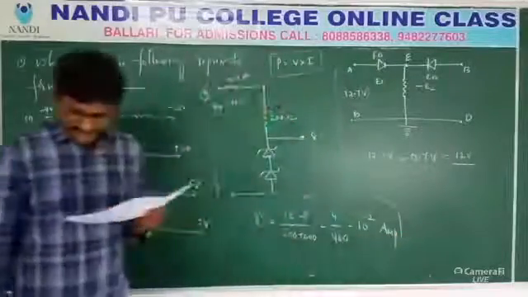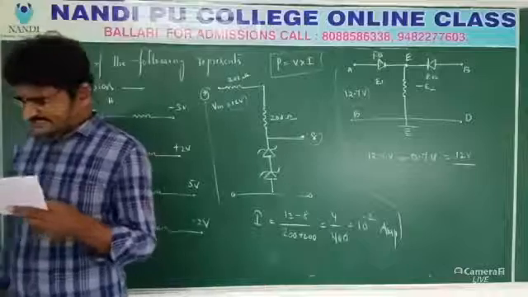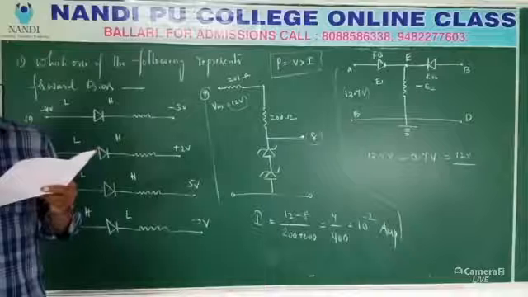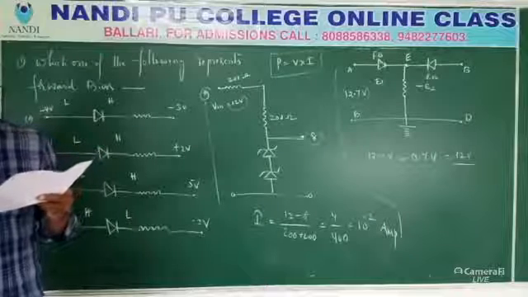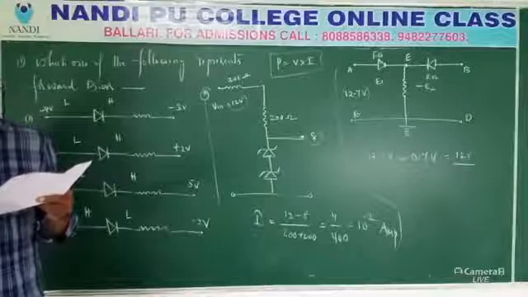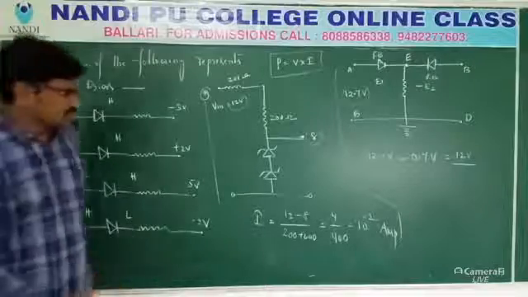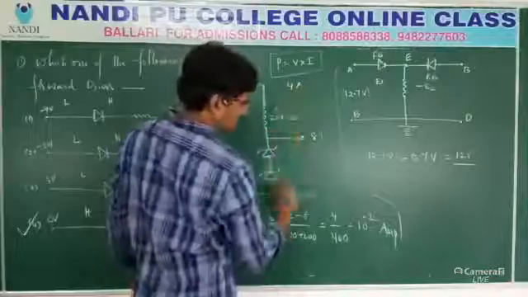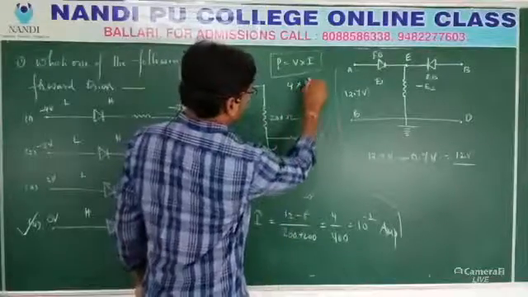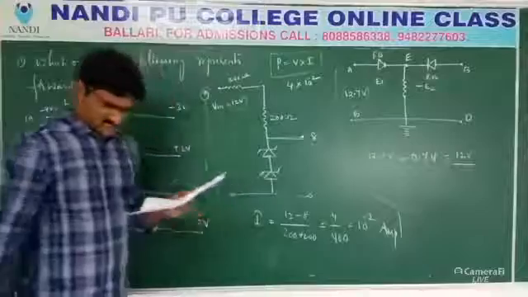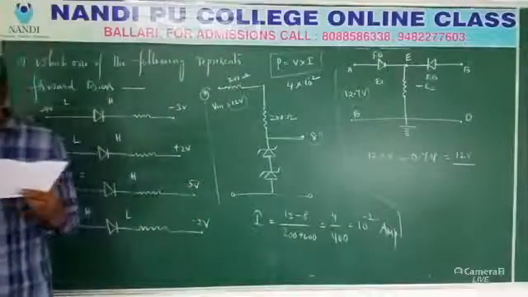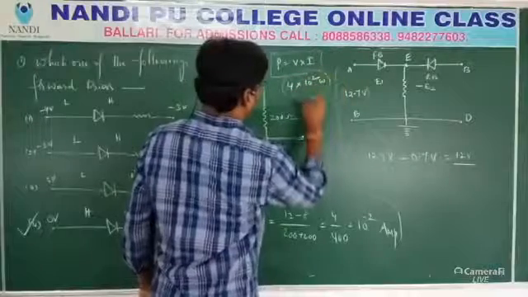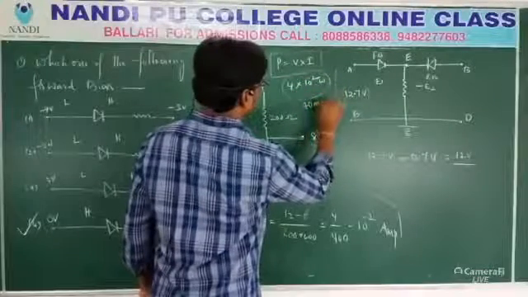That is the current. So the power loss in each diode is V into I. V is 4, into I, which is 10 power minus 2. So the correct option is 4 into 10 power minus 2 watts. The option given is 40 milliwatts. Correct.